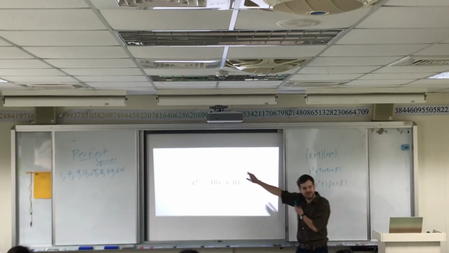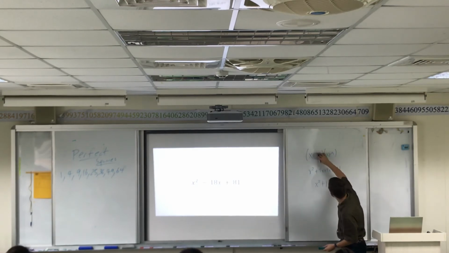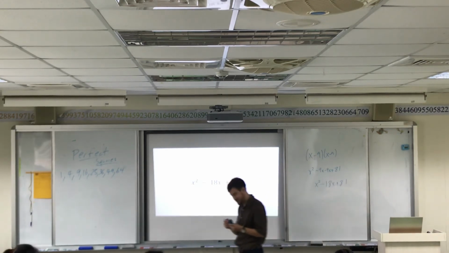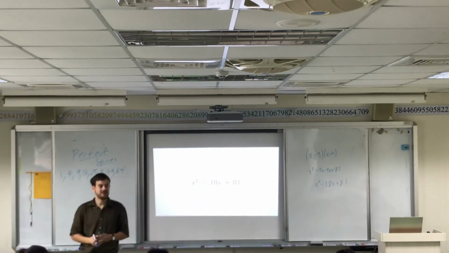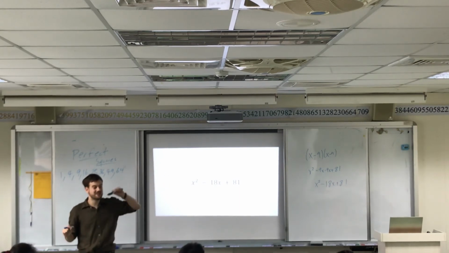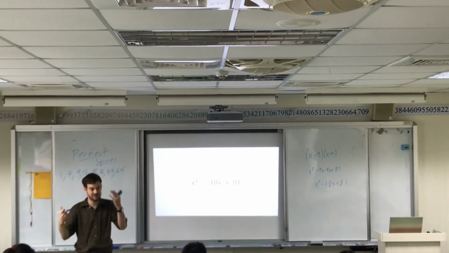But I don't want plus, I want minus. So if I change these to minus, it will change the middle term to minus. Notice 81 doesn't change because negative 9 times negative 9 is still 81. Does that make sense?